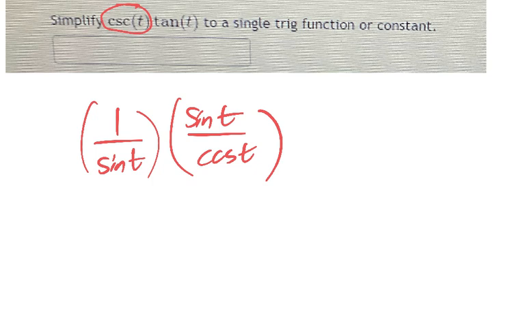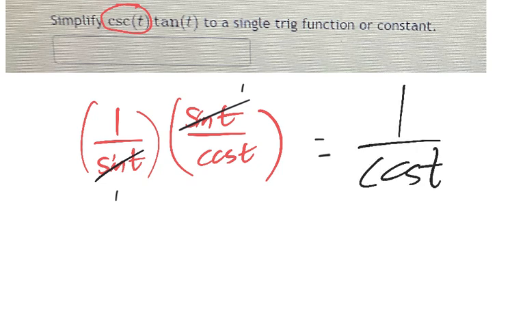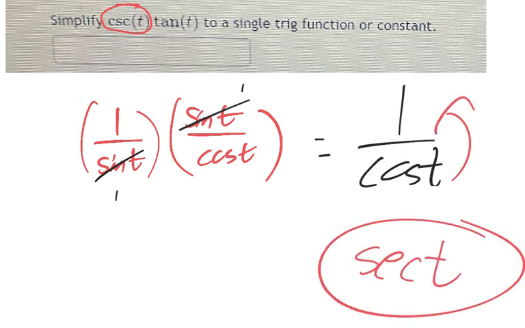When I multiply fractions, I can cross reduce. So I've got a sine in the numerator, a sine in the denominator. Those just cancel out. So now this is 1 over cosine. We don't want to write it as 1 over cosine. So move cosine back to the numerator. Secant. So cosecant times tangent is secant.